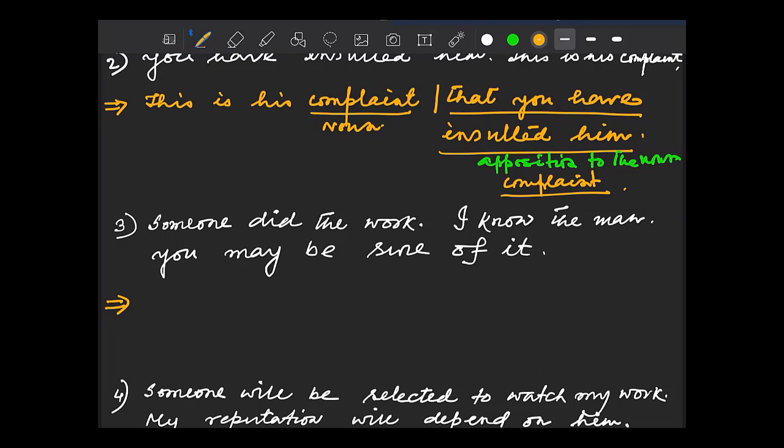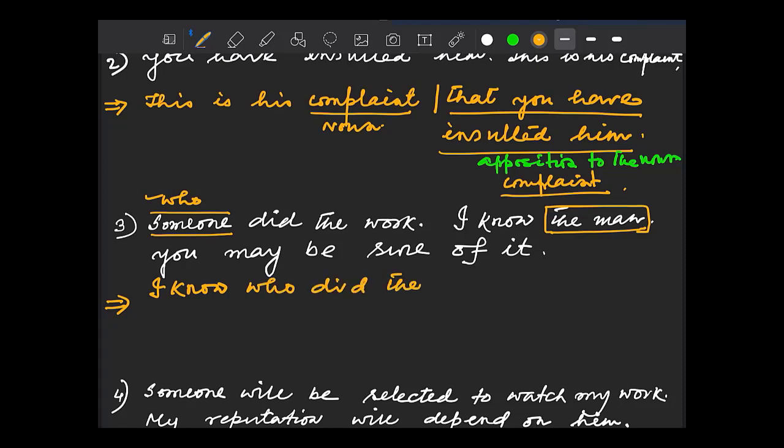Number 3. Someone did the work. When you get someone, immediately put who. Someone will be turned into who. I know the man. So in place of the man, use who did the work first. I know, in 2 steps I will do the work. I know, next this part, who did the work. So 2 sentences are now combined. Now this one, you may be sure of it. In place of it, I'll use this combined part.